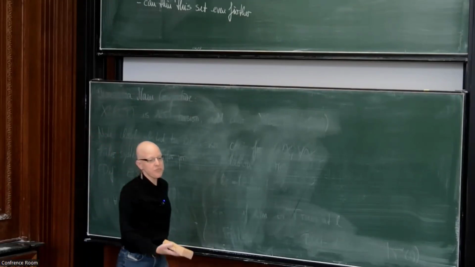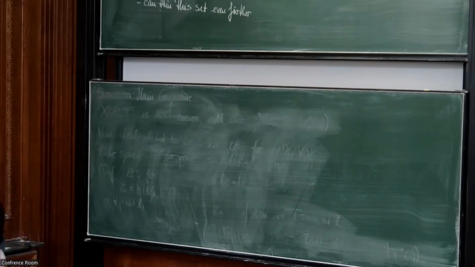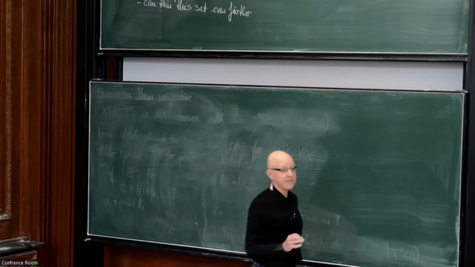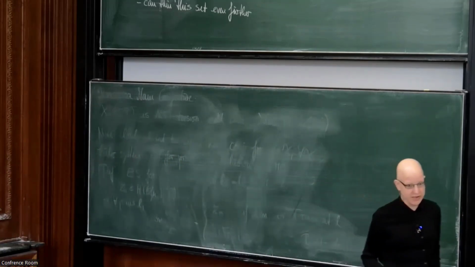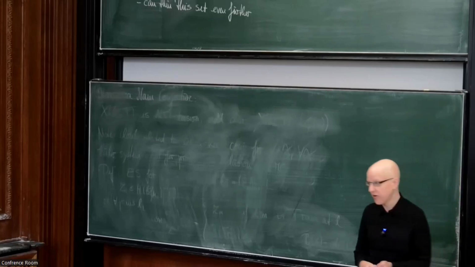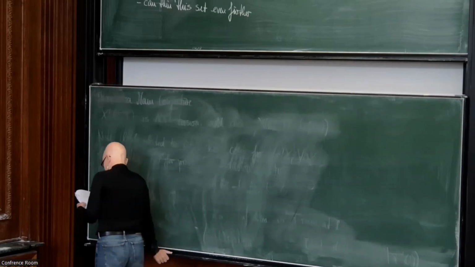So the approach that David and I followed was to exhibit the adjoint representation as a direct summand of a larger representation for which we could construct an Euler system, and then try to use that to construct an Euler system for the adjoint.